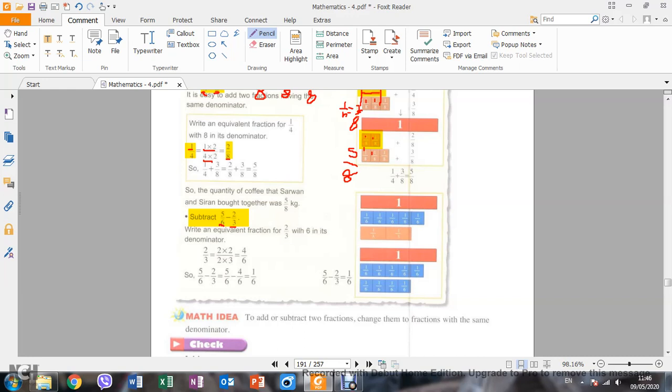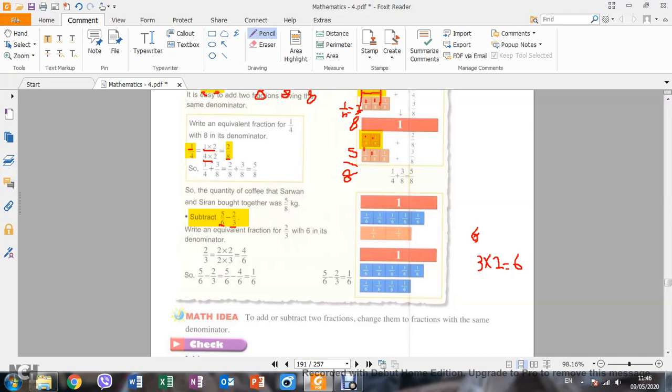So I write 6 is here, sorry, and 3. So you should change one number to the other one. For example, 3 is smaller than 6. So 3 multiplied by a number equals 6. 3 times 2 equals 6.